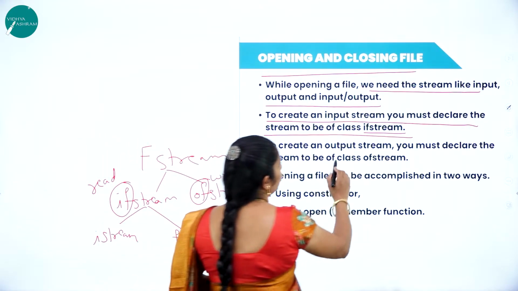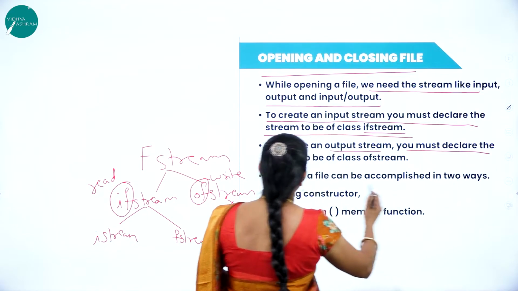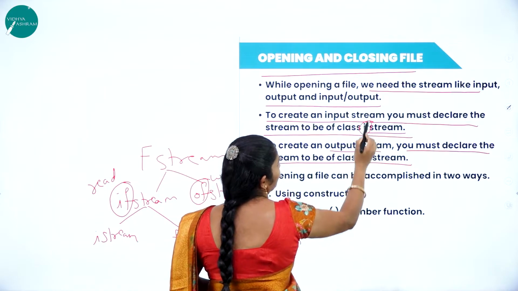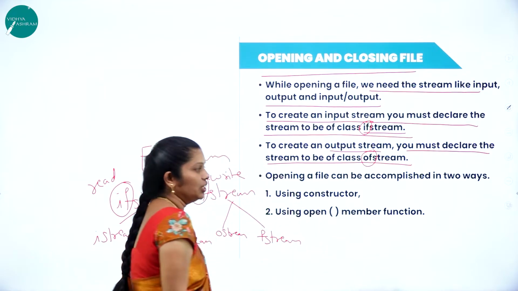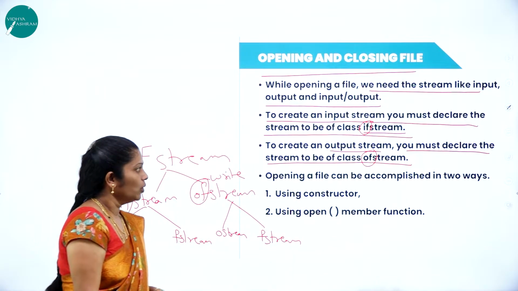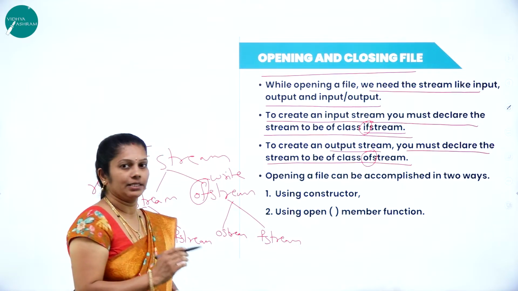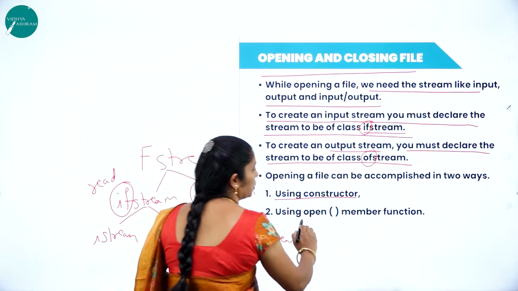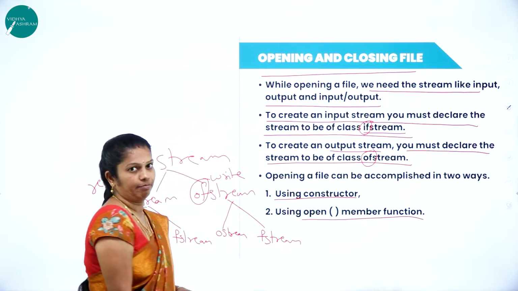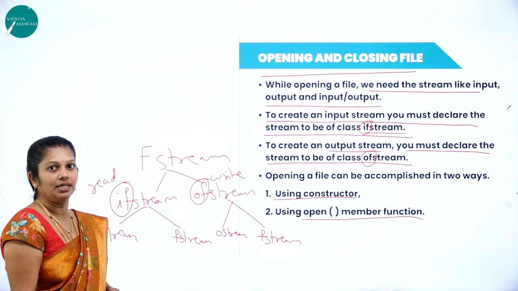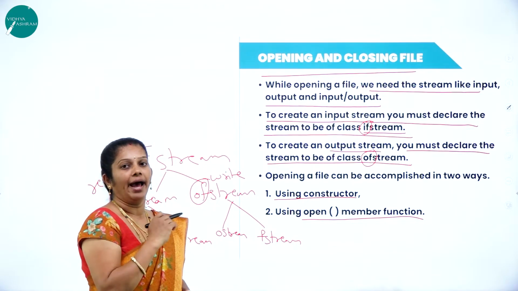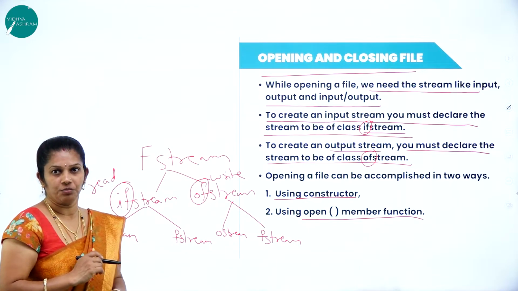To create an output stream, you must declare the stream to be of class ofstream. For input stream, ifstream; for output operation, we need ofstream. Opening of a file can be done in two methods, one by using the constructor method and one more by using the open member function method.